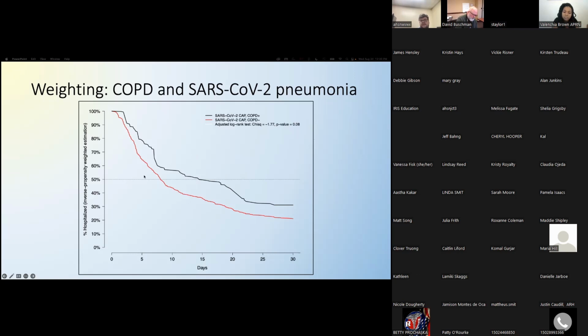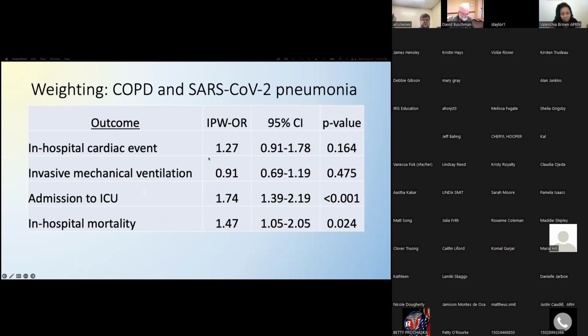So unfortunately, even with the inverse propensity score weights, we still don't have enough statistical power to show a significant difference here, but it allows us to have a better idea than if we were to do it totally unadjusted.